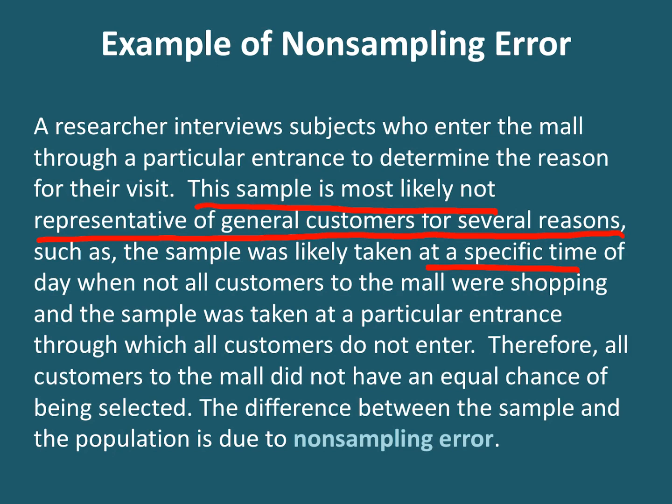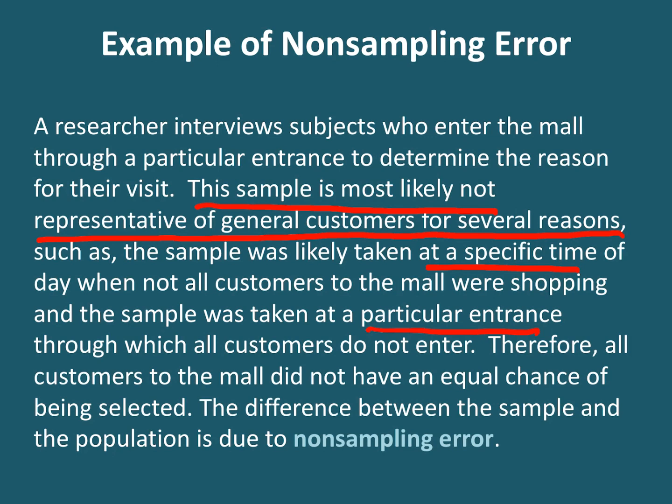There might be people that were at work that went to the mall later, or there might be people walking through that entrance that maybe have kids and only come during certain times. And obviously, parents probably think a little bit differently than folks who do not have kids. Also, the sample was taken at a particular entrance through which all customers do not enter.